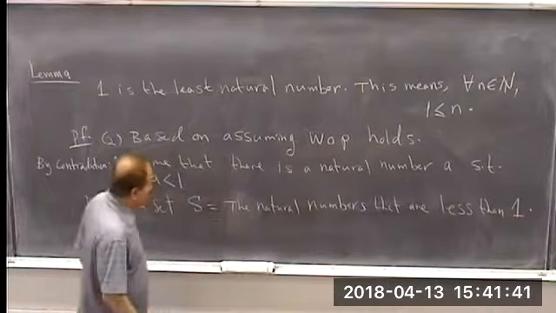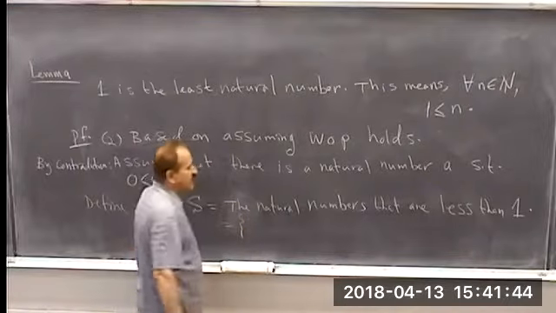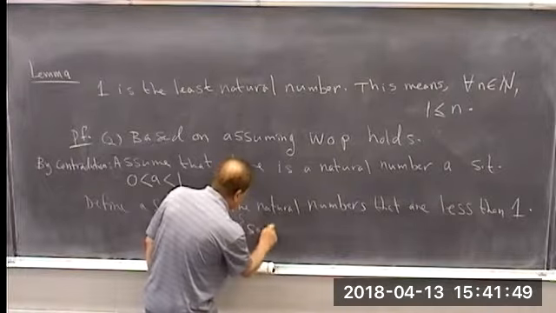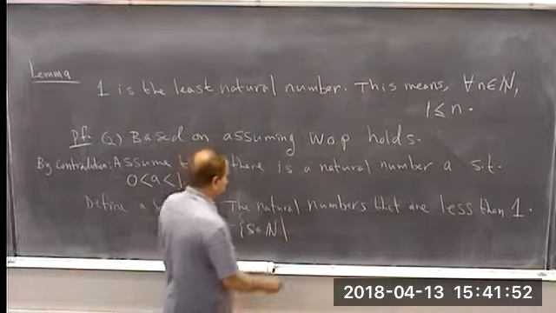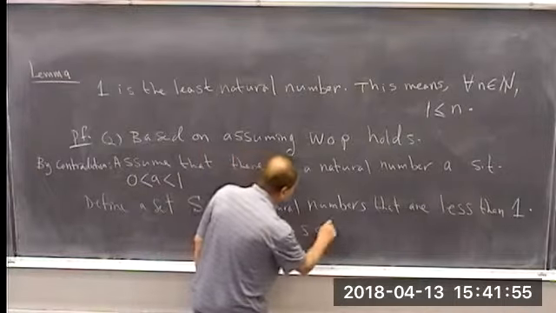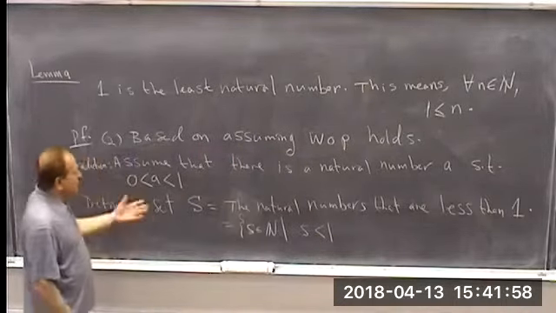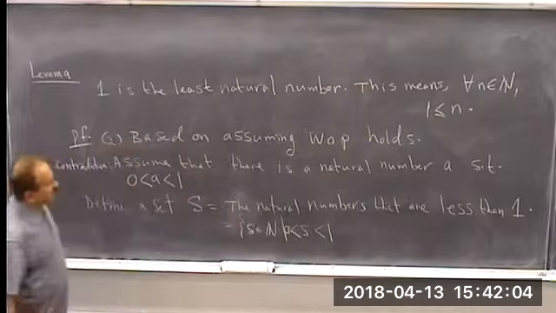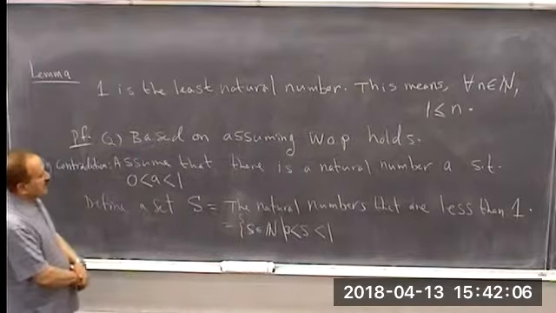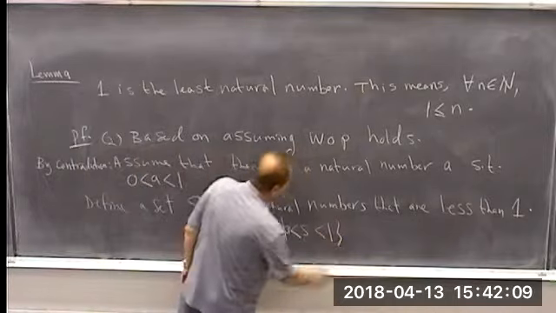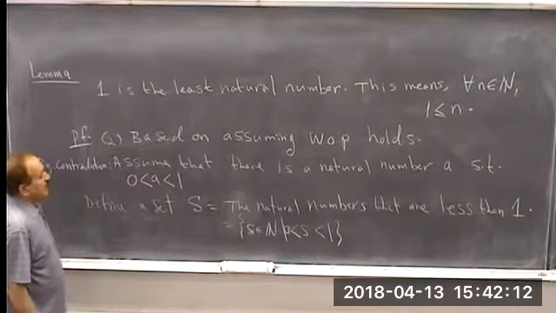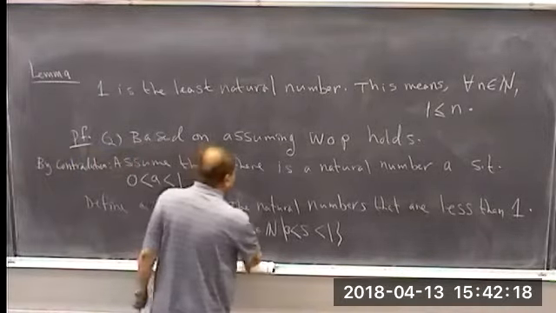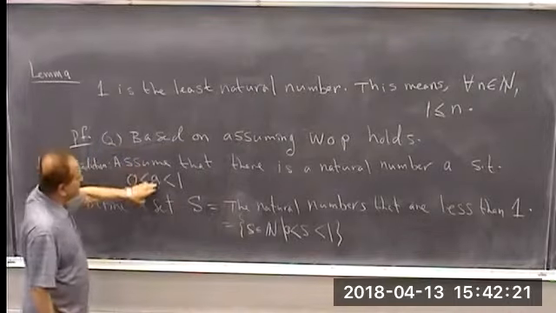So in simple terms, S consists of the natural numbers s in N such that s is smaller than 1. And also I could add that this is bigger than 0, the natural number. Again, we could think there's a bias in here. Now this S is not empty because, by our assumption, it contains A.